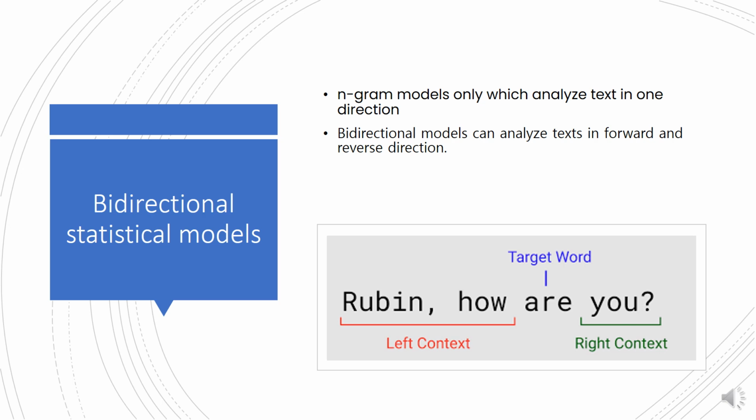Bidirectional models can overcome this limitation. These models are capable of analyzing text in the forward as well as the reverse direction. A typical example is Google, which uses a bidirectional model to process each search query.